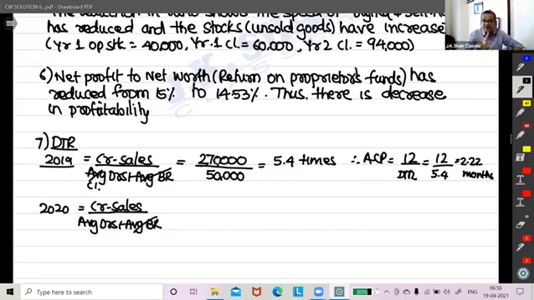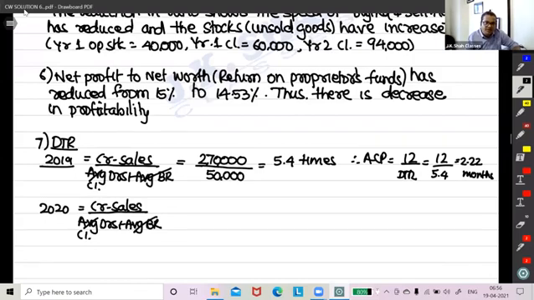In 2019, you were forced to use closing debtors. Why? Opening is not available. 2019 opening is not available. To make it comparable, we have to follow the same basis. Are you getting me, guys? Okay. So we are not going to do average in 2020. We will do closing only. Why closing?